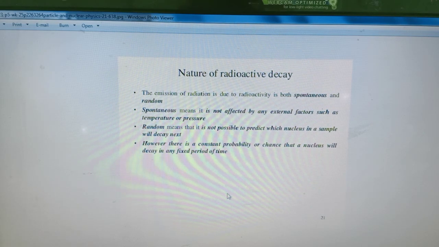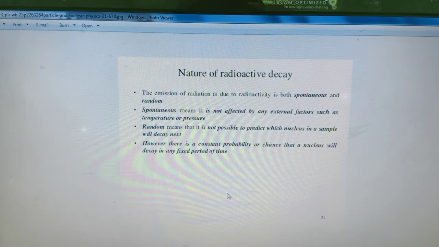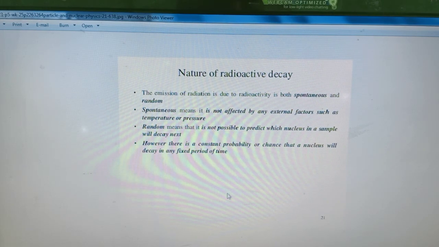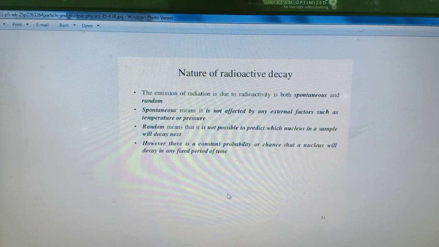Spontaneous means it is not affected by any external factors such as temperature or pressure. So remember, radioactive decay will not be affected by temperature and also pressure. Whatever the temperature, however big the pressure, it will not affect the radioactive decay.